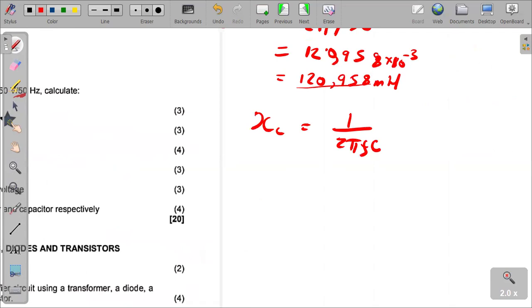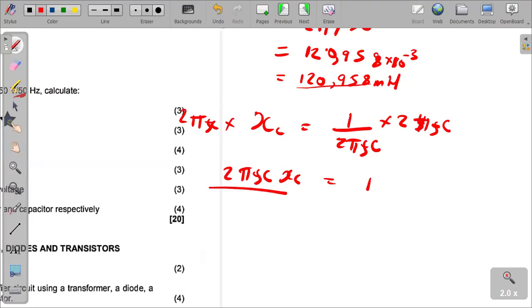So let's make C the subject. Multiply by 2 pi FC on both sides. It means 2 pi FC XC is equal to 1. Then what do we do? Divide by 2 pi FXC on both sides, making C the subject.